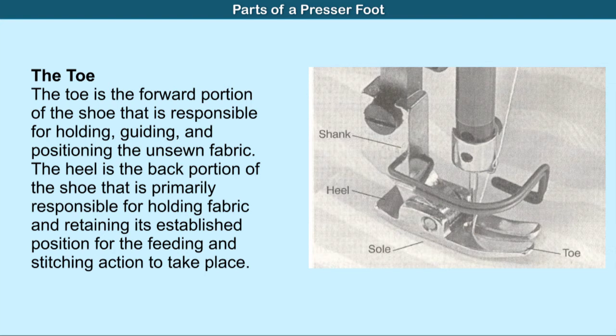The heel is the back portion of the shoe that is primarily responsible for holding fabric and retaining its established position for the feeding and stitching action to take place.